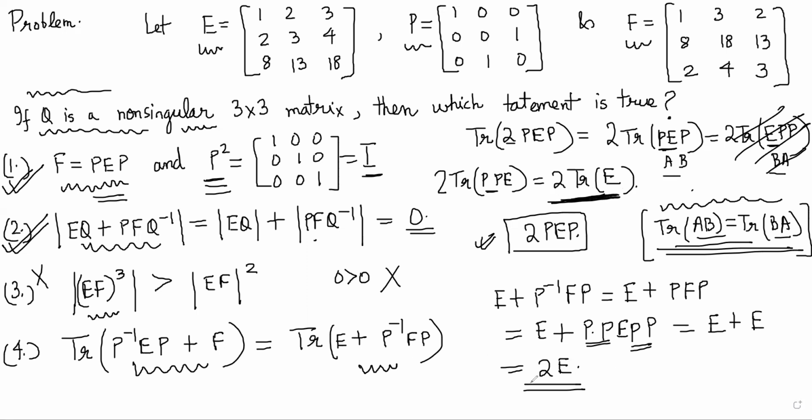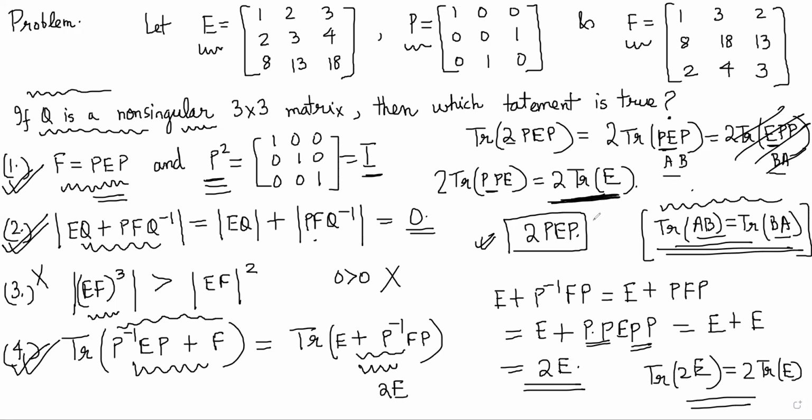And on the other side, we have already figured out that this matrix is 2 times E, right? So trace of 2E is also 2 times trace of E, right? So basically what we get is that the 4th option is also correct. Notice these calculations, I am using properties of matrices.